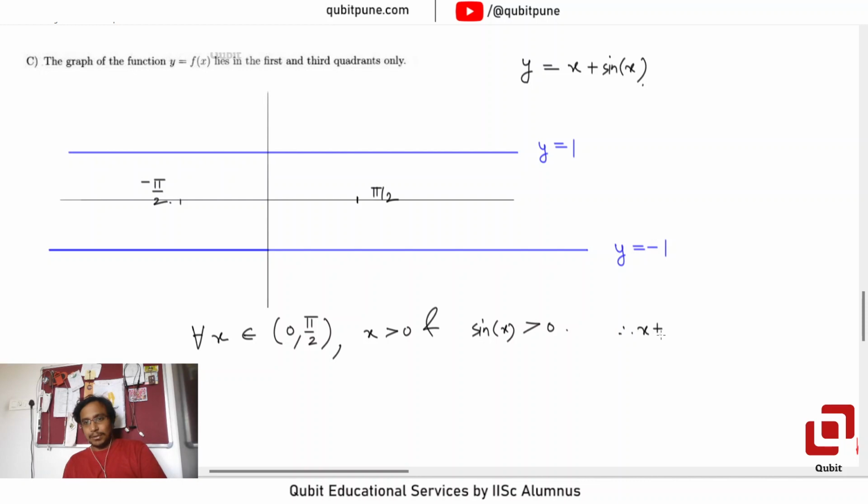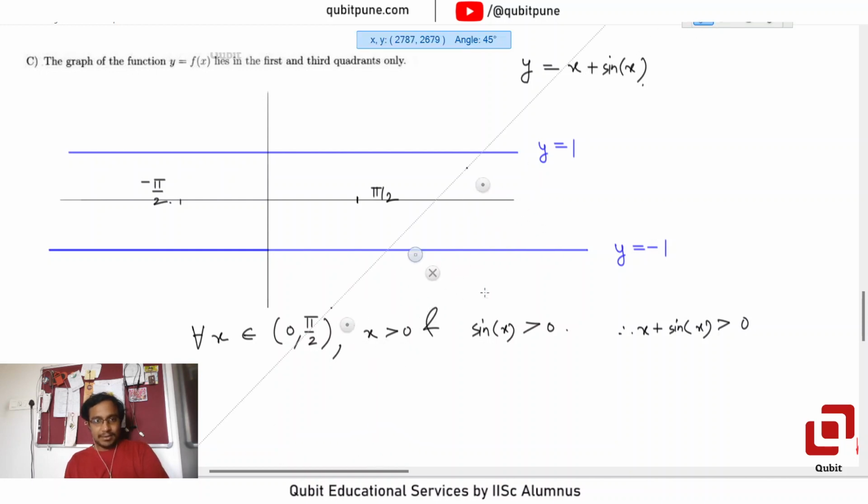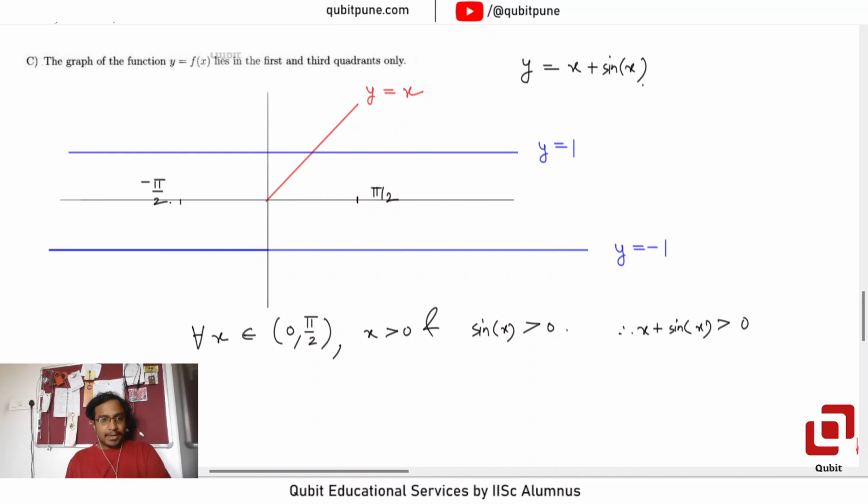Therefore, x plus sin x will automatically become positive. So both the graphs of y equal to x and y equal to sin x are positive, and from now on there is no looking back because x is going to dominate, right?